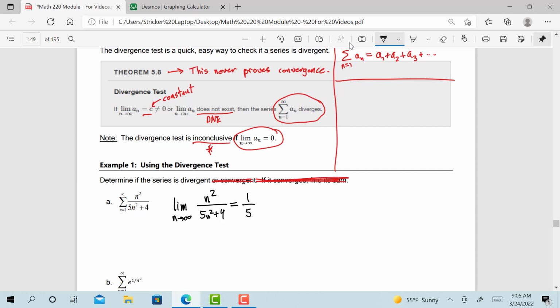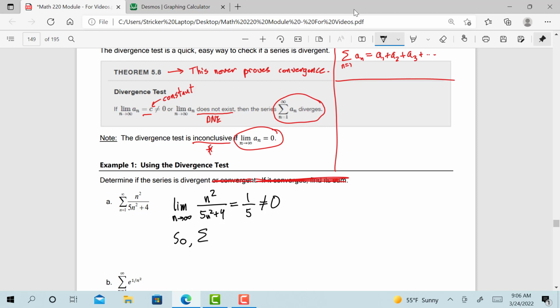And remember, what we're doing is we're saying, okay, is that a constant that's not 0? Well, it is. This is not equal to 0. So that means eventually, no matter what the terms of the sequence are, we start adding 1/5 every time. It's never going to add up to something. So what's our conclusion? Our conclusion is that it diverges, right?